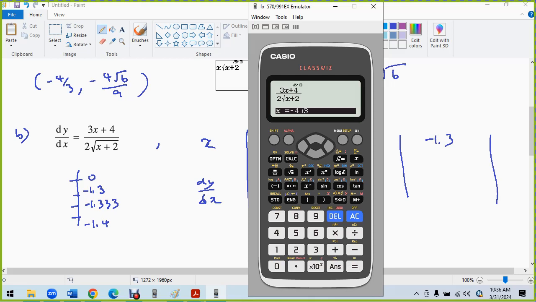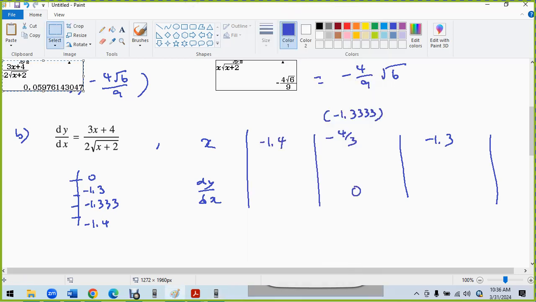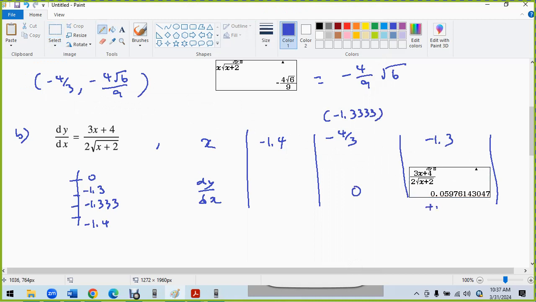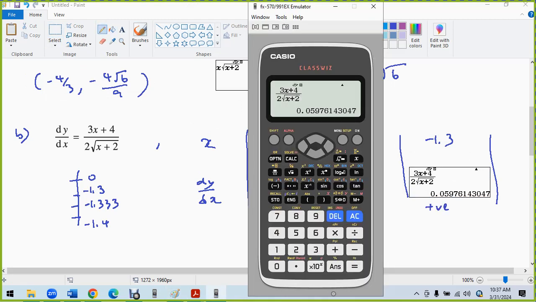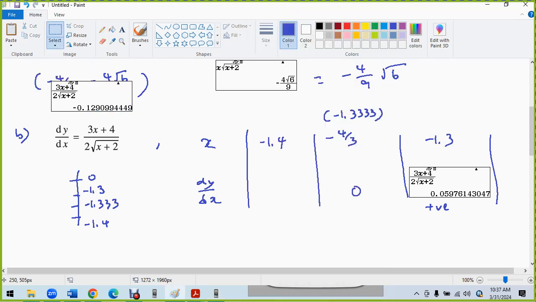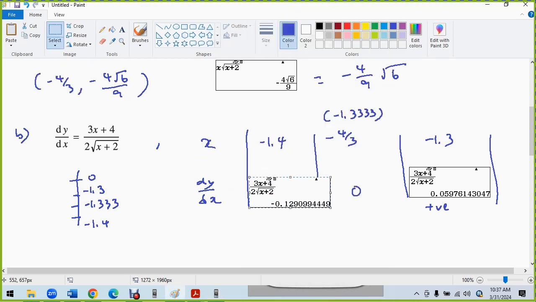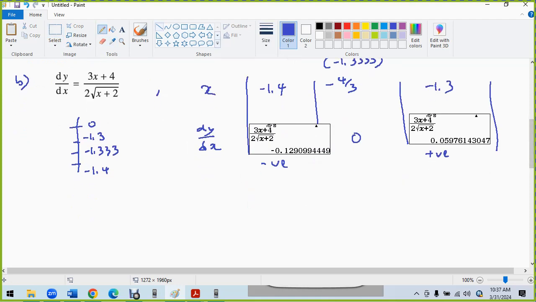So when this is negative 1.3, then we will have a positive value. When it is negative 1.4, then it is a negative value.